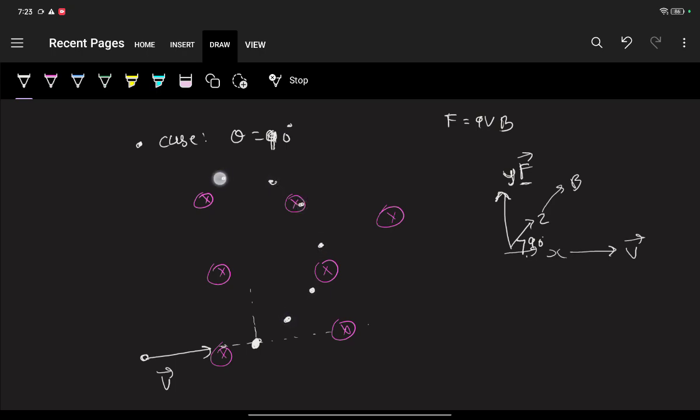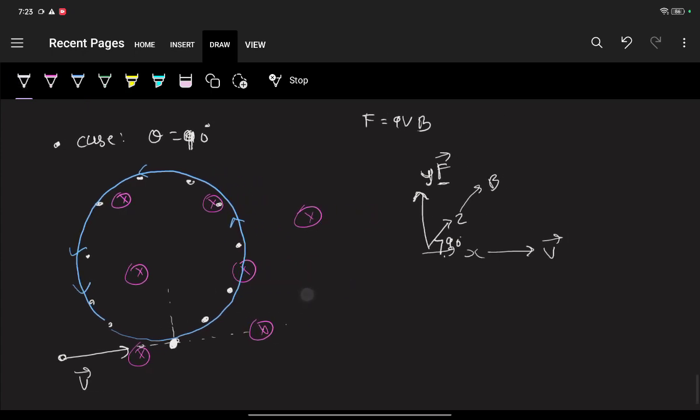So basically it will follow a circular trajectory. What trajectory? Circular trajectory. So here the trajectory will be circular.